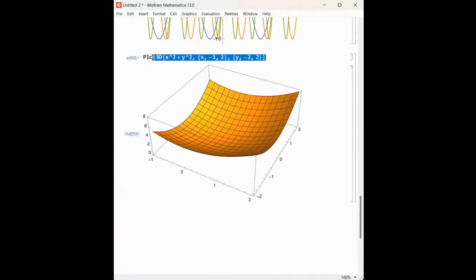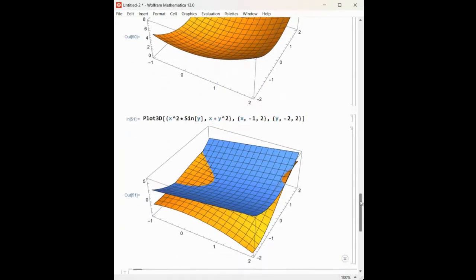But if we have more than one function, for example, if I put here braces, and I want to write x squared times sine y, then comma, and then I have x plus.